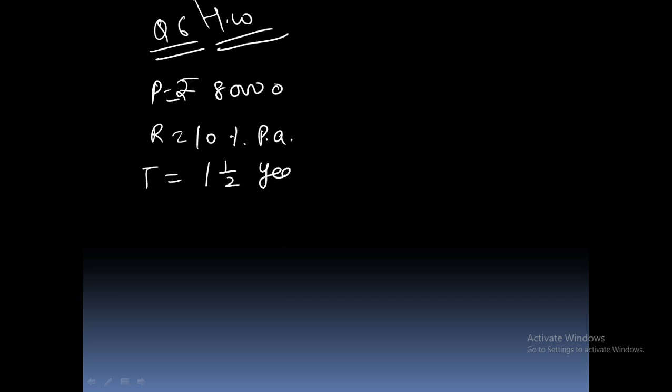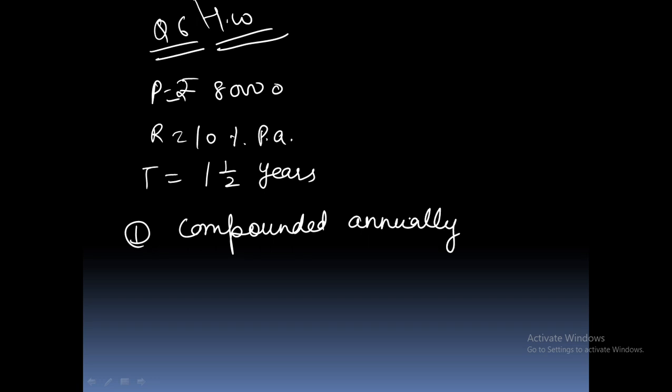The hint is that you have been given a loan, that is your principal amount, and the rate of interest is given as 10% per annum, time is given as 1 into 1 by 2 years, and the first question is compounded annually, and the second point is compounded half yearly.